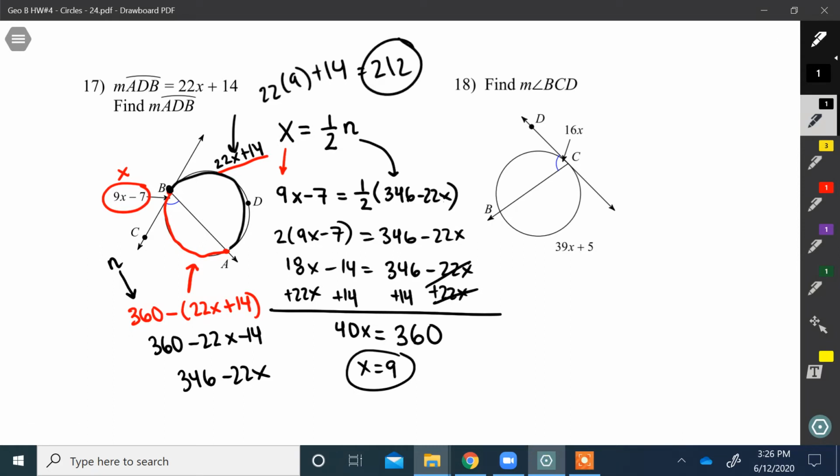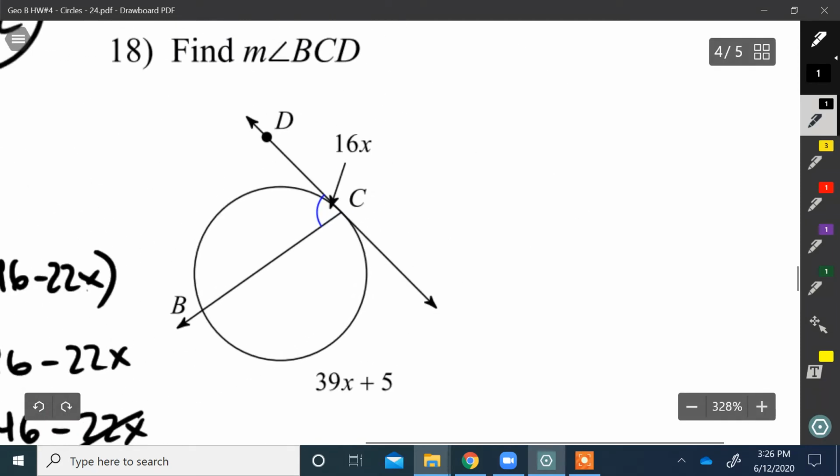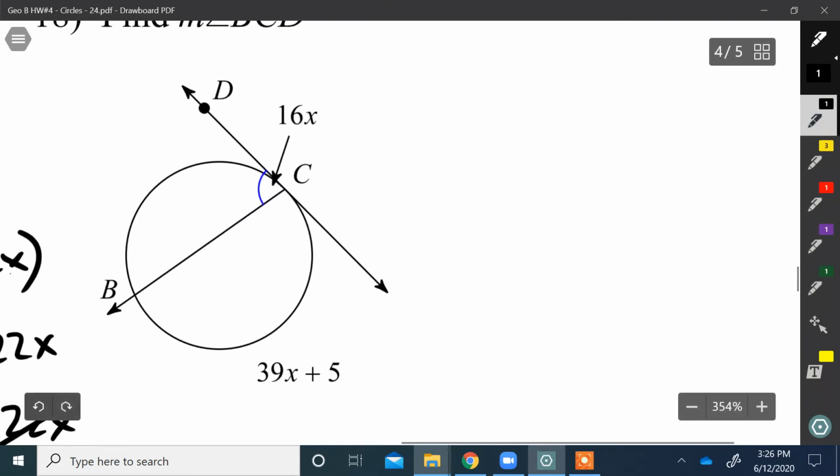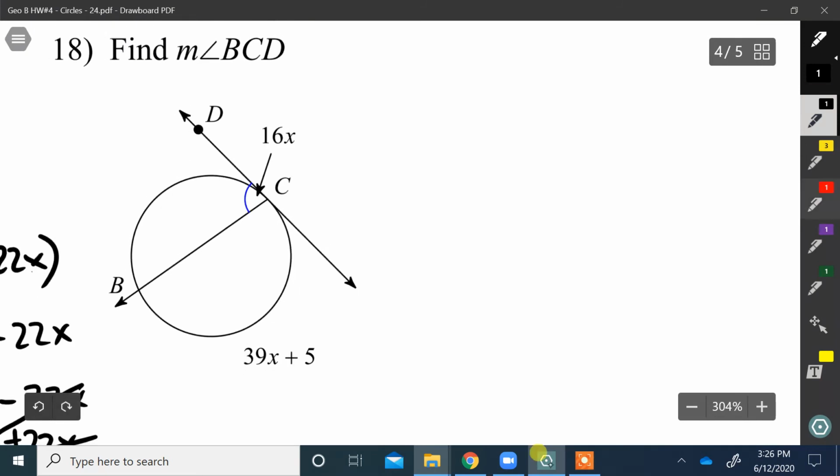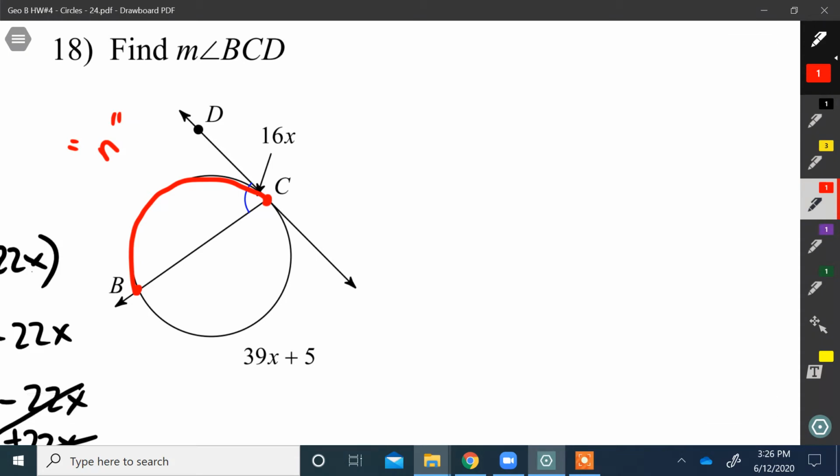Okay? You should be glad I actually did that one for you because it is a challenging problem. Let me try to simplify 18 for you because that one is challenging as well. You have to realize, from here to here, that is my n on the formula. How do I get that?